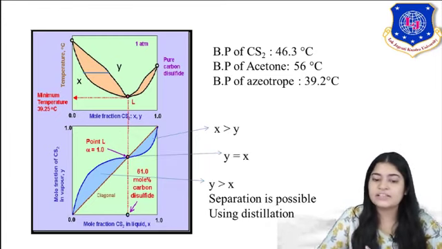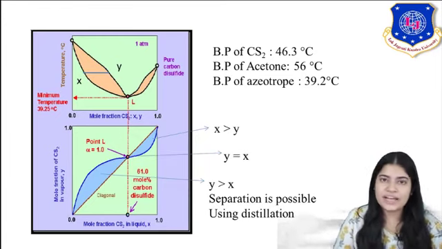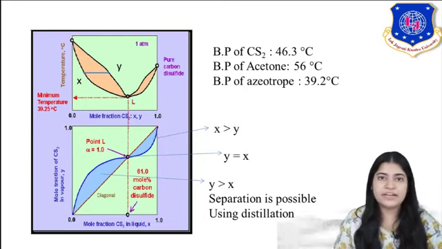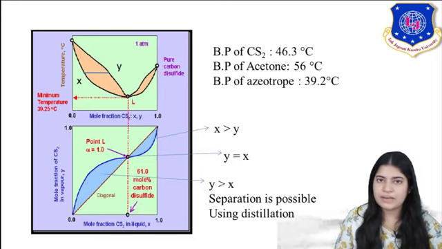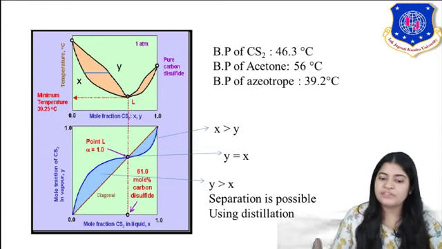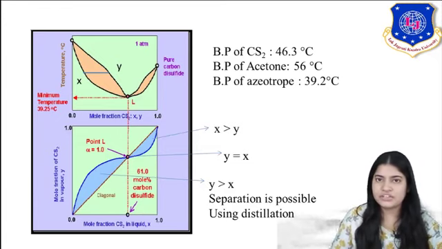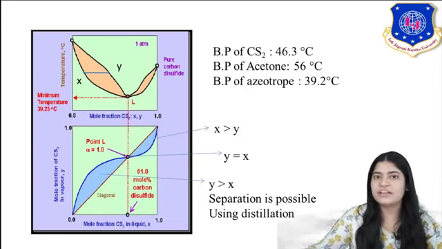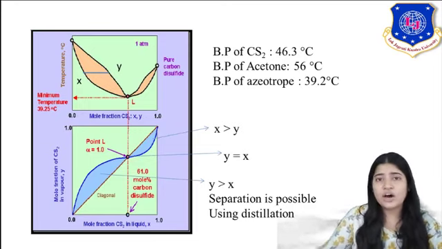So the third is y equal to x. At L point, alpha equals 1, it means my relative volatility is 1. Both the components, carbon disulfide and acetone, are equally volatile in nature. Once this azeotropic condition has been reached, that is once 61 mole percent has been achieved, where carbon disulfide is 61 mole percent and the rest is acetone, when I am heating this solution, the vapor would also be produced having the same mole fraction.